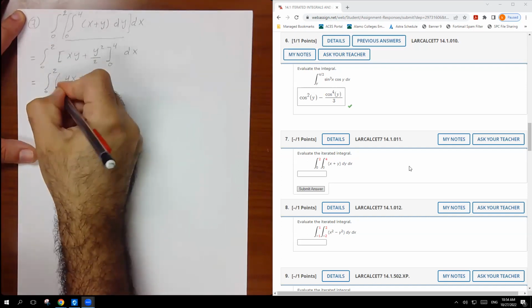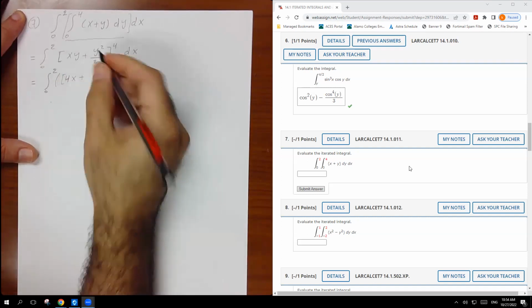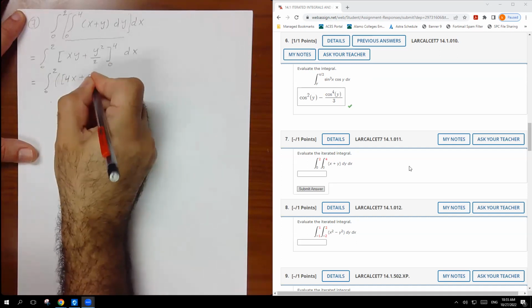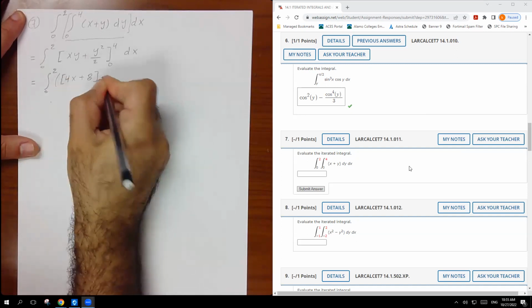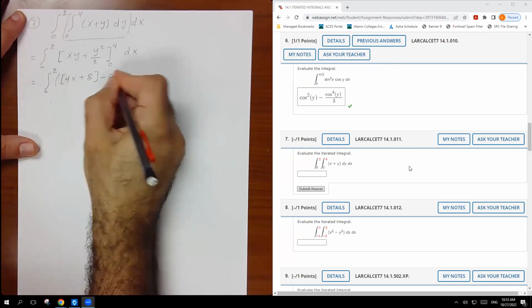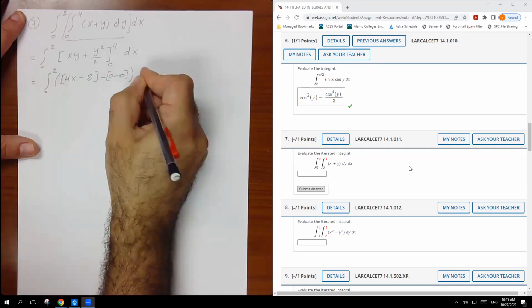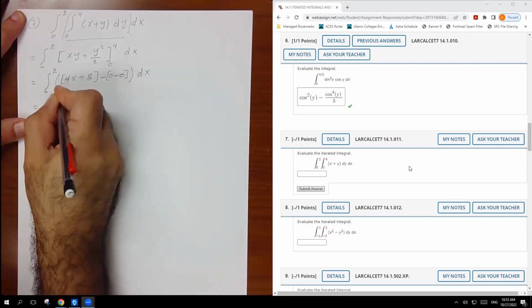So, okay. And plug in the 4 here, so it's going to be 16 divided by 2, it's going to be 8. This is the first one. Minus, plug in the 0, so this is 0 minus 0. And everything is dx.